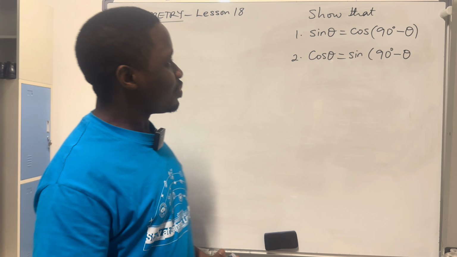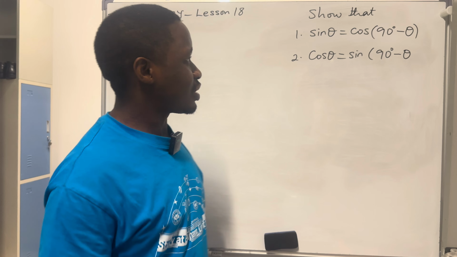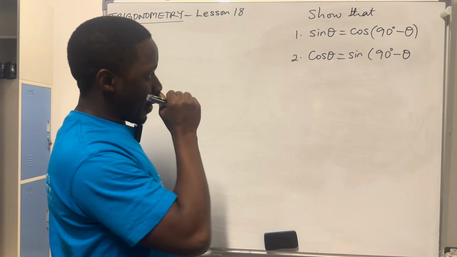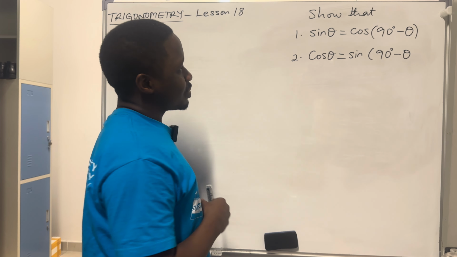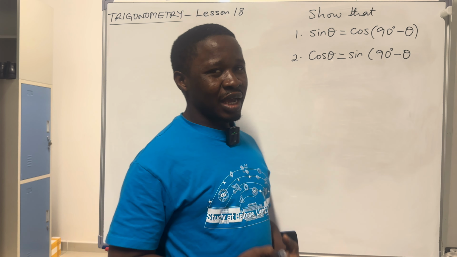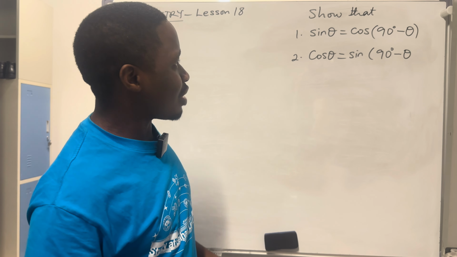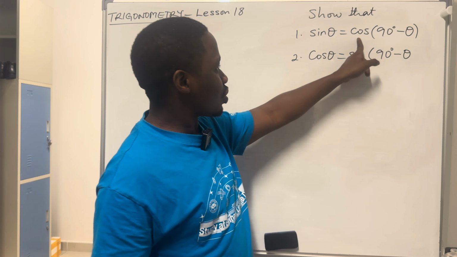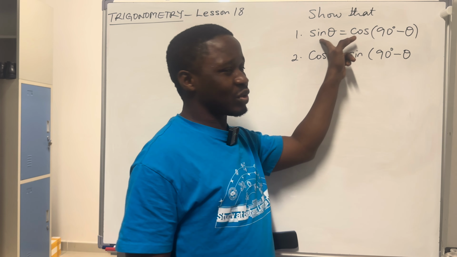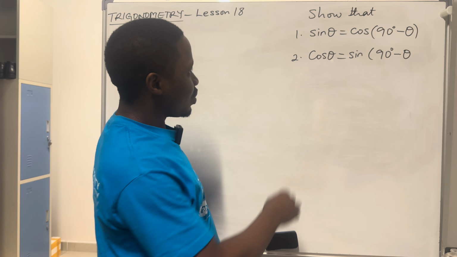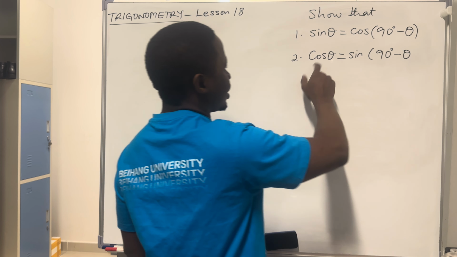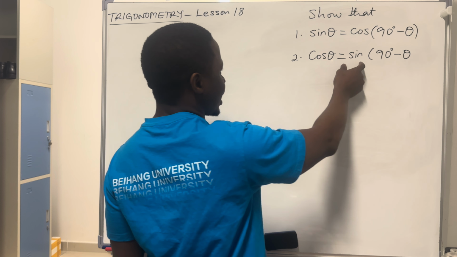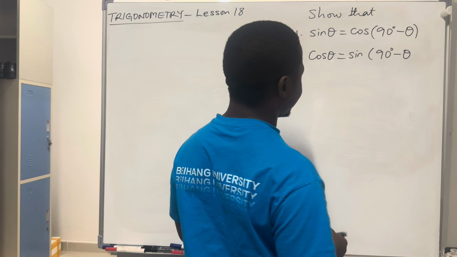We want to prove these two relations: the sine of any angle in a right angle triangle is equal to cos of 90 minus that particular angle. Therefore, sine theta is cos of 90 minus theta, and cos theta is sine of 90 minus theta.